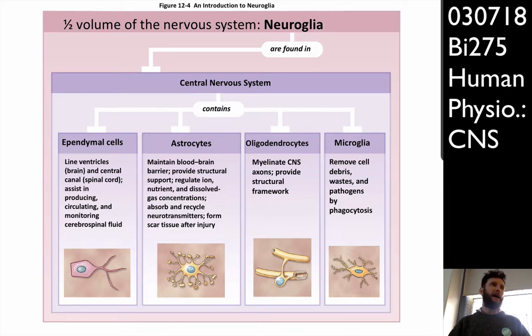What's interesting about oligodendrocytes is that in contrast to the peripheral nervous system and the Schwann cells, which do the myelination there, in the central nervous system a single oligodendrocyte is going to have multiple projections. Oligo is the prefix that refers to several.